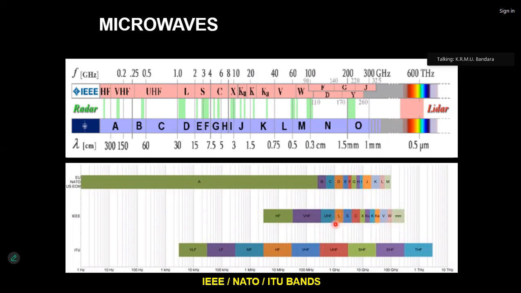We are using LSCX. In addition to that, we are using the P band is inside the UHF. Okay. These are the normally imaging or non-imaging radar. We are using the frequency bands for radar remote sensing.